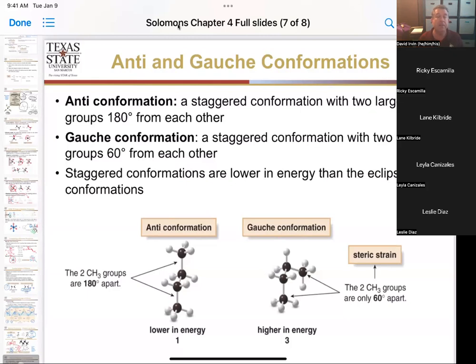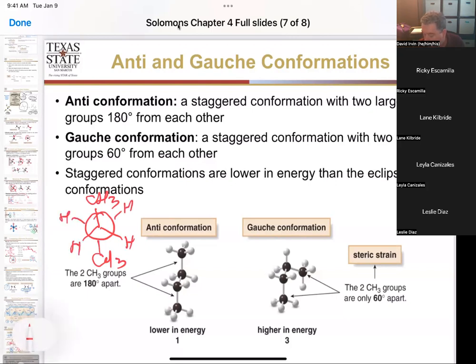In the case of having the 2 largest groups 180 degrees apart from each other, we call that the anti-configuration. So if we look at our butane again with our CH3 up here and our CH3 down here, and a hydrogen here, here, and here, our two biggest groups are 180 degrees apart. That is the anti-configuration.